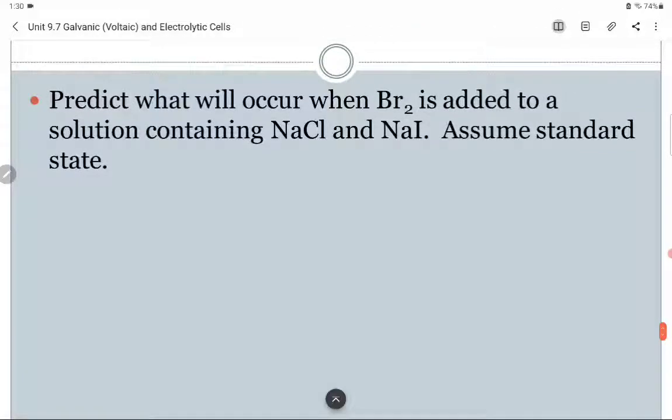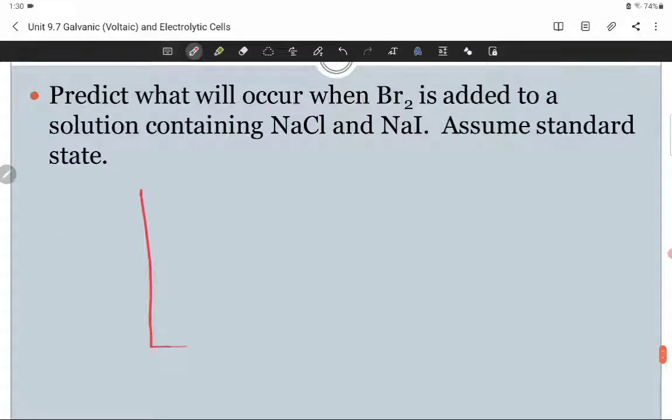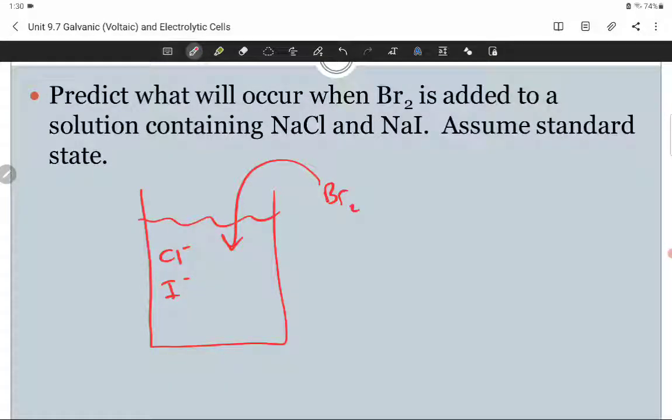Predict what will occur when bromine is added to a solution that has that in it. Okay, so here's our beaker. We have chloride ions, we have iodine ions, and we're adding Br2.